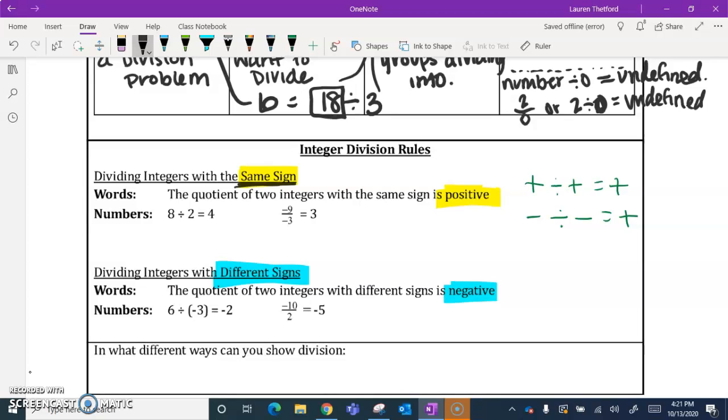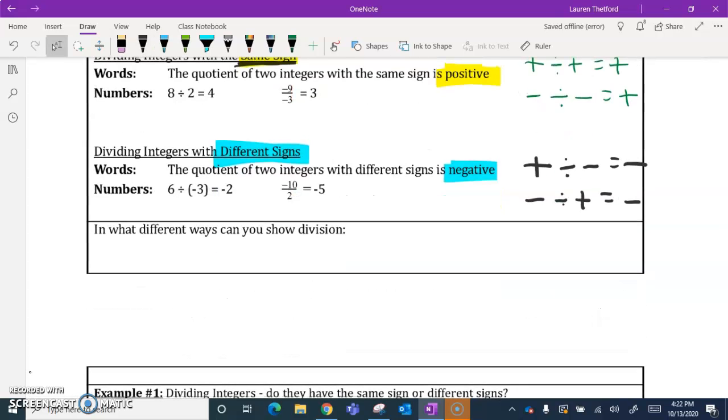Similar to that, a positive divided by a negative gives you a negative, just like in multiplication, and a negative divided by a positive gives you a negative as well. So if the two numbers are both the same sign, you will get a positive. If they are two different signs, you will get a negative.